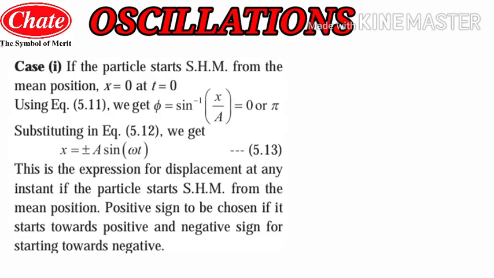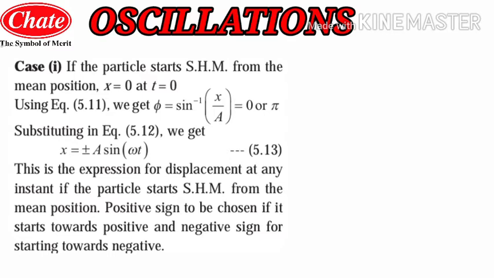In this case, the particle starts SHM from the mean position, so x will be 0 at t is equal to 0. Students, we have denoted the displacement of the block from the equilibrium position with the notation x.